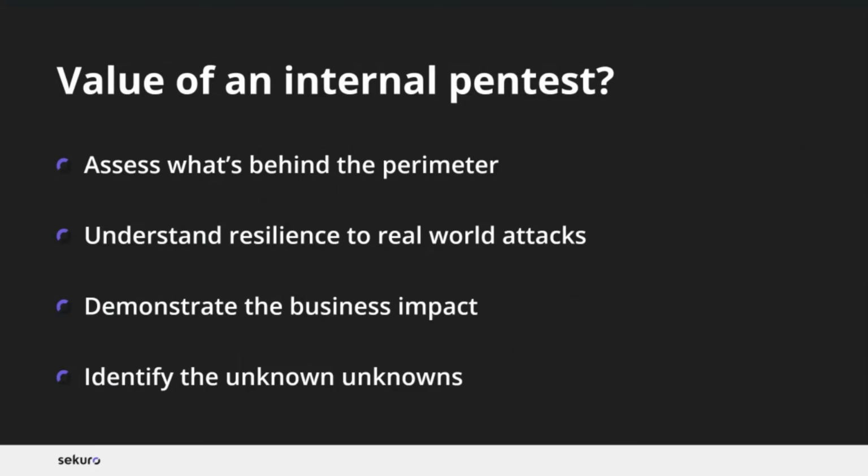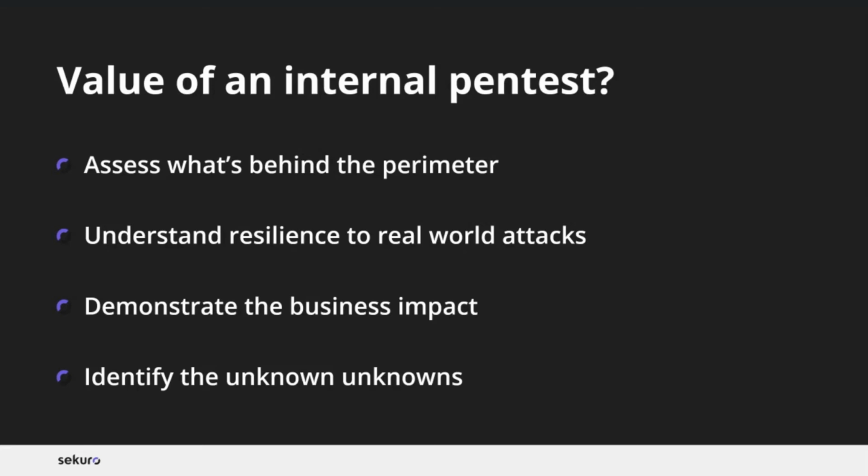If you think you're secure and you want confidence in that internal security, then an internal pen test can help identify any gaps that you're unaware of. If you're looking to verify that controls are effective and not just looking good on paper or in screenshots, that's another area where an internal pen test can help.